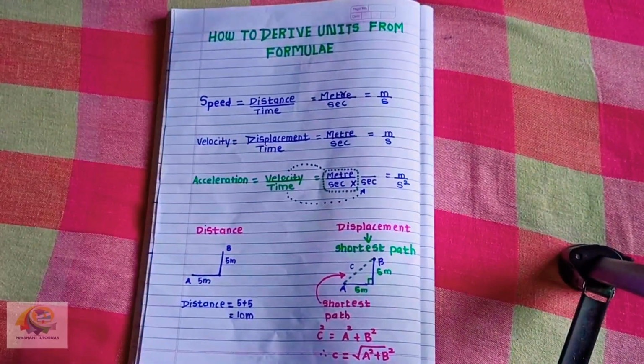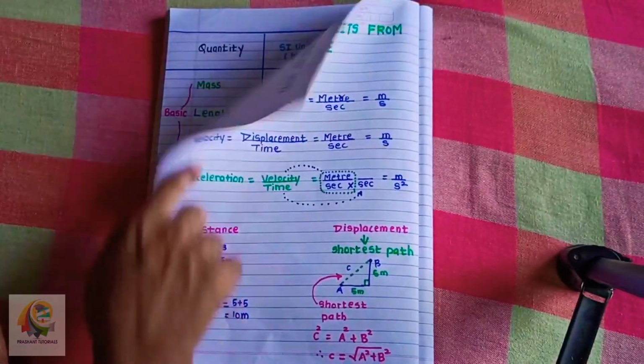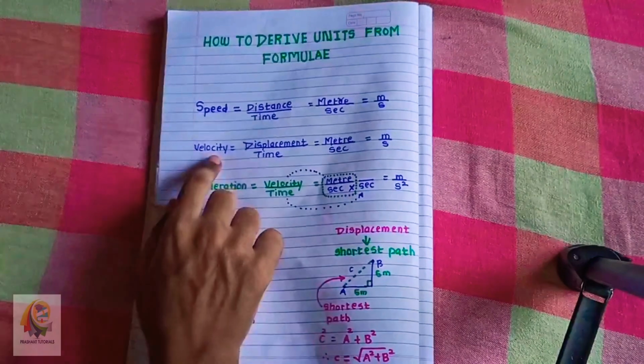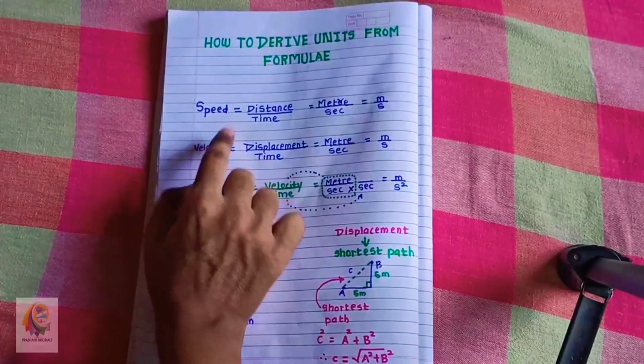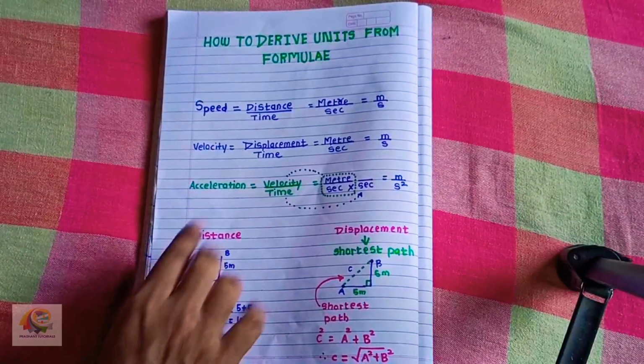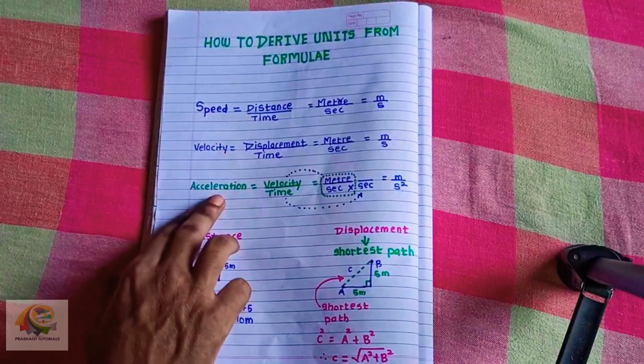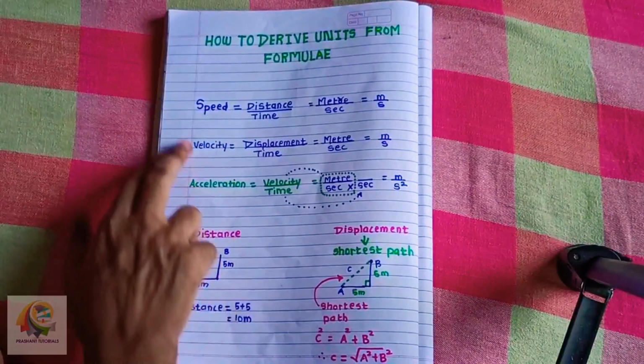Now we will see how to derive units from formulas. There are some basic formulas like speed, velocity and acceleration. Just forget about this part. Now let's concentrate on this first.